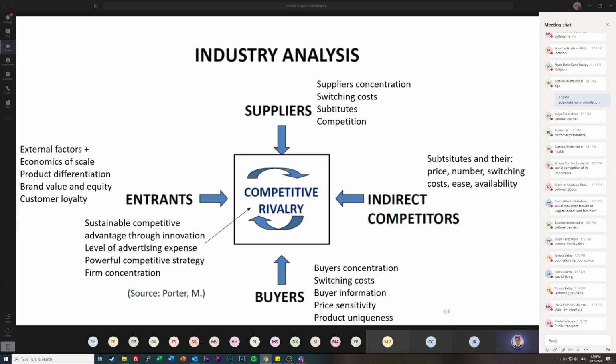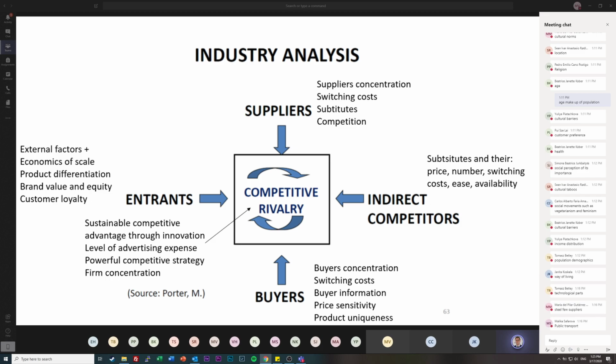And what's connected with this is the customer loyalty. How loyal are the customers to the product, even though the price can increase? If customers are still buying the product even though the price is increasing.